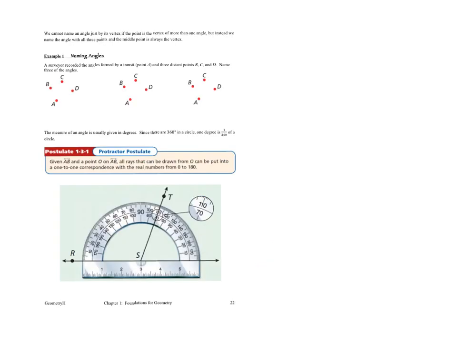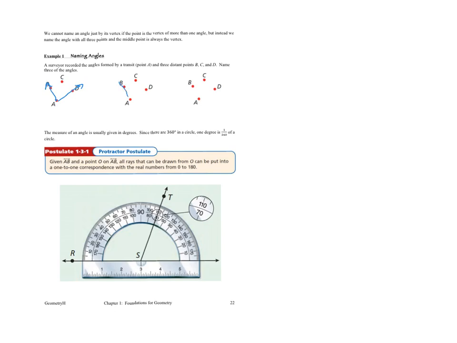Okay, example 1, a surveyor recorded the angles formed by a transit, point A, that's going to be our vertex, and 3 distant points, B, C, and D. Name 3 of the angles. So if point A is the vertex, then we're looking at something like this, so we could call that angle BAD, or angle A, or angle DAB.